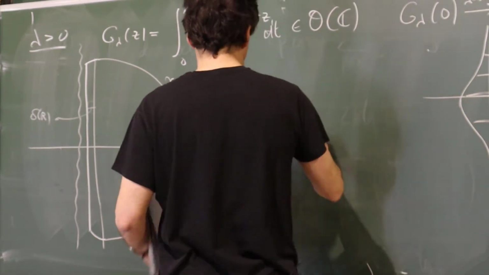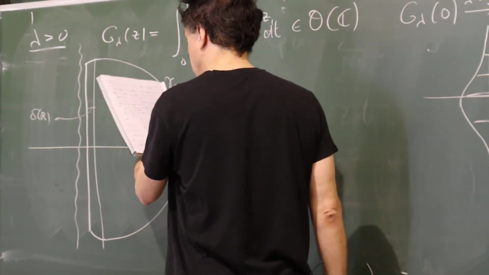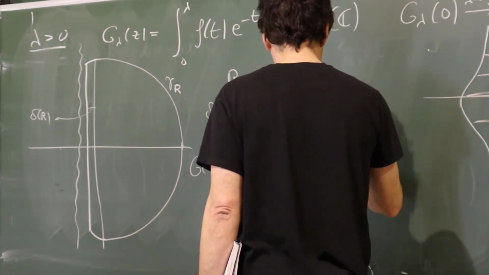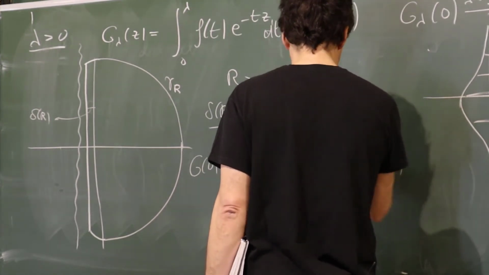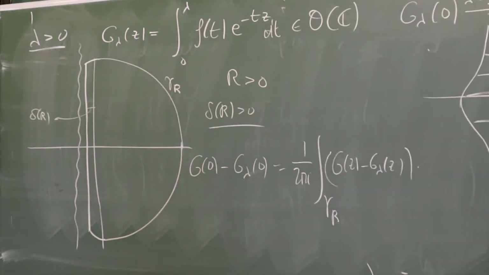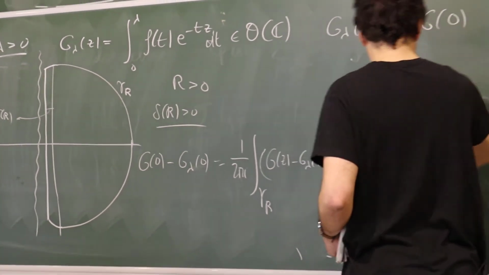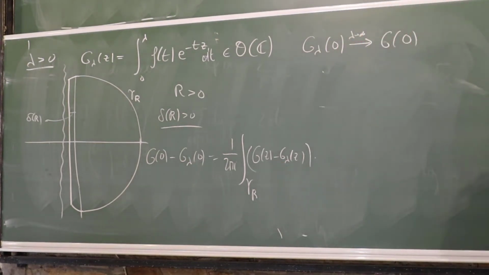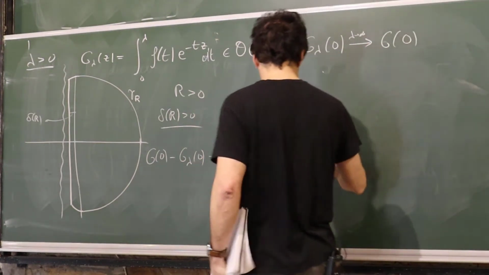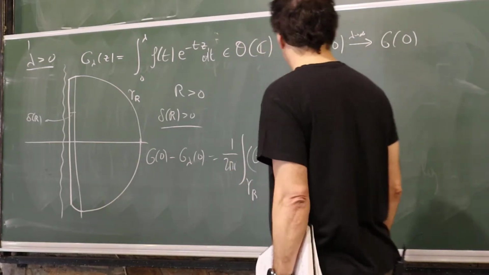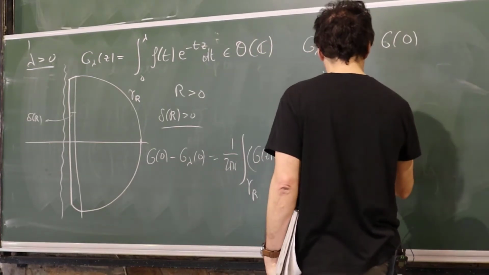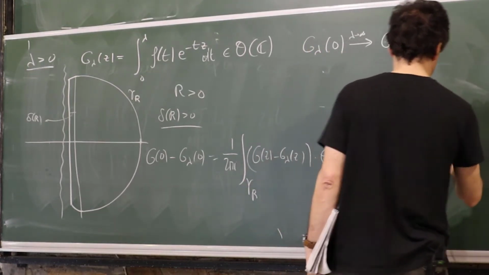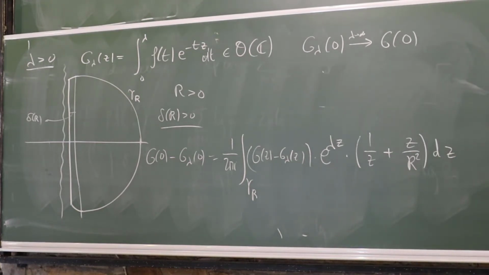So this would be 1 over 2 pi i times the integral of the function g of z minus g lambda of z times, I'm going to erase this beautiful drawing, and instead of writing the usual Cauchy integral, the trick is to write the following: e to the lambda z times 1 over z plus z over r squared. This is a quite tricky integral.